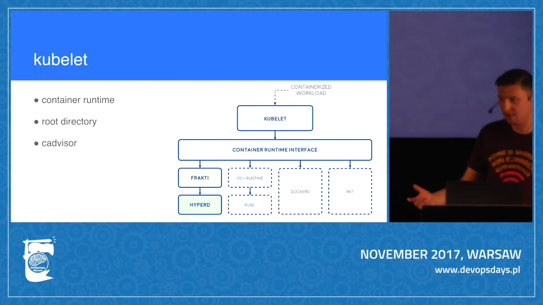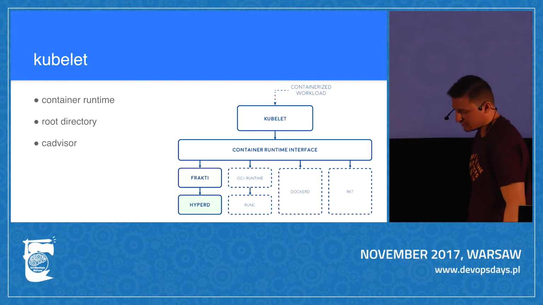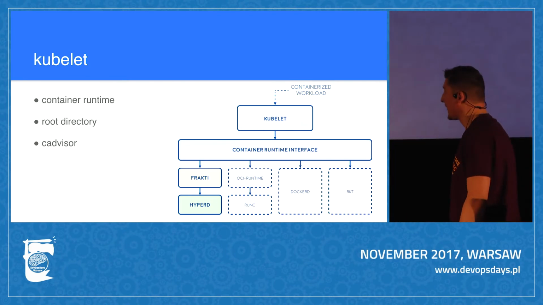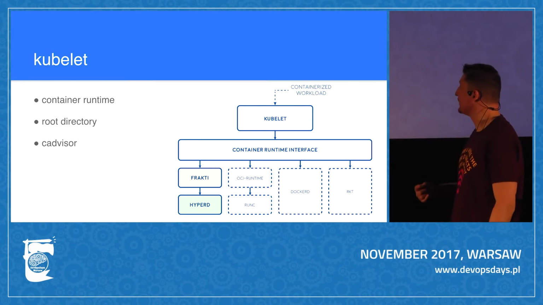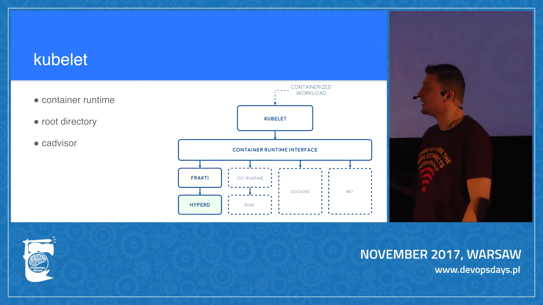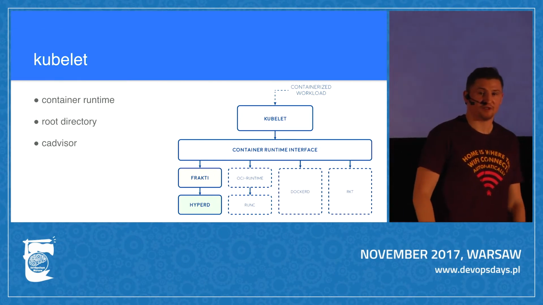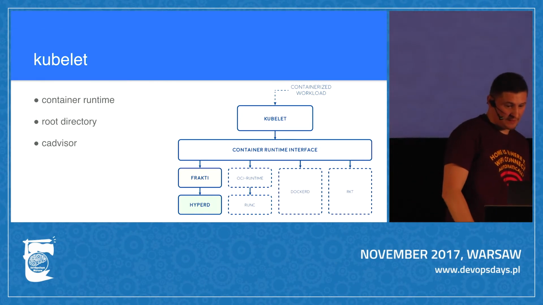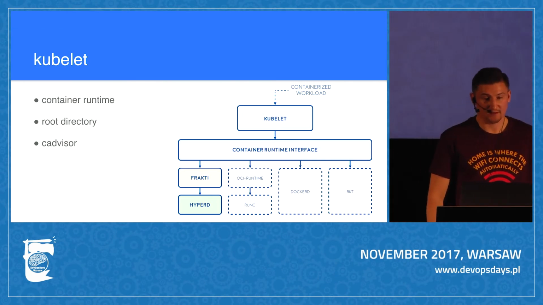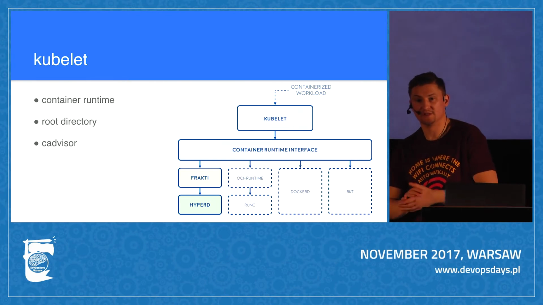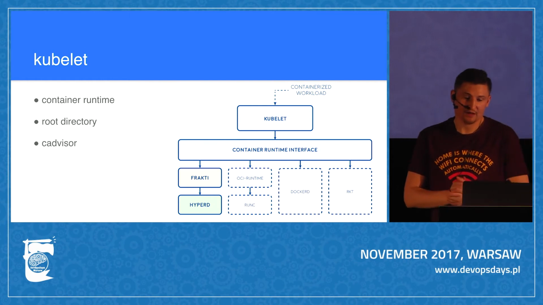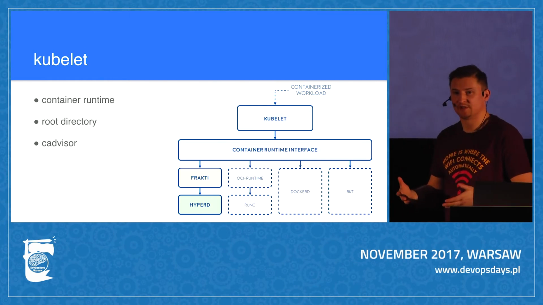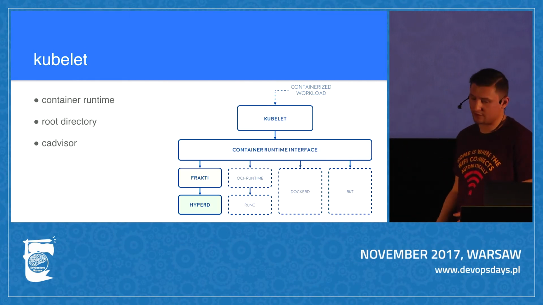And this kubelet interacts with different runtimes. So any runtime that implements the container runtime interface is capable of running Kubernetes right now. It also provides root directories, this ephemeral storage for containers, and also exports some metrics using cAdvisor for the Docker container.